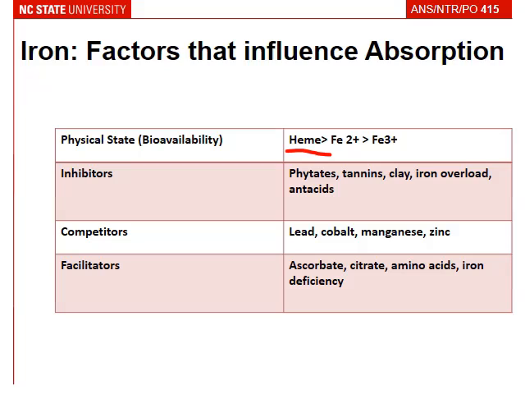So then you'll be more able to absorb iron. It'll do it more efficiently. Now, the ascorbic acid and citrate, these are mainly increasing the absorption by reducing the ferric iron to ferrous iron. So then it allows for the better absorption.